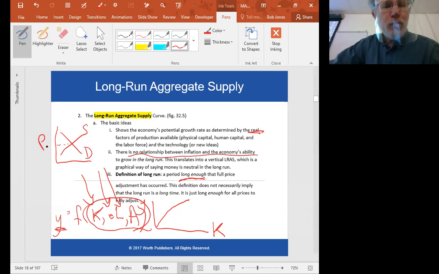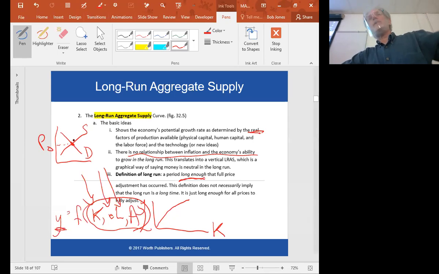And the price level would be, we'd be in equilibrium. And then we would introduce some change, a change in demand or change in supply.